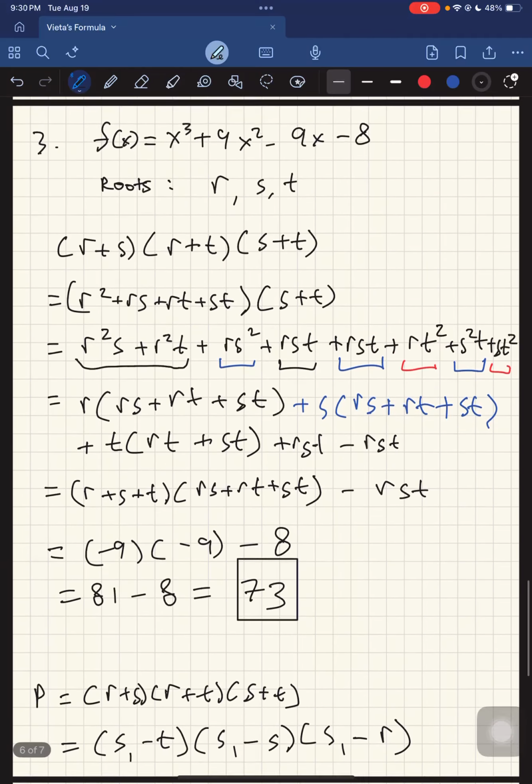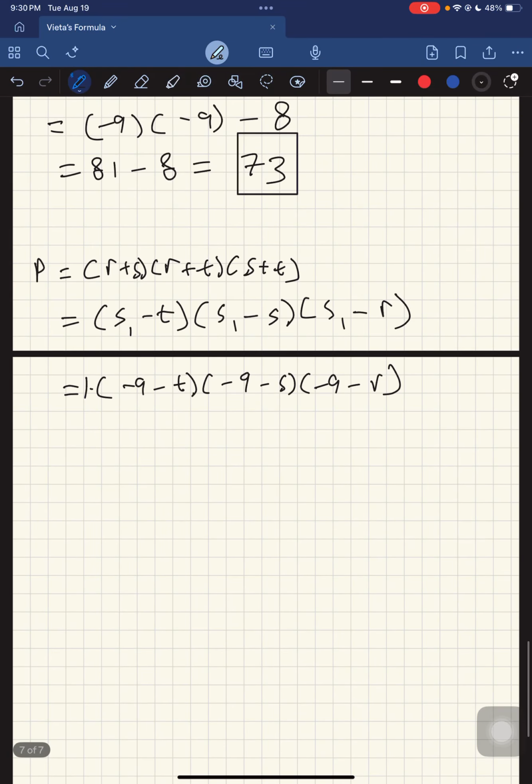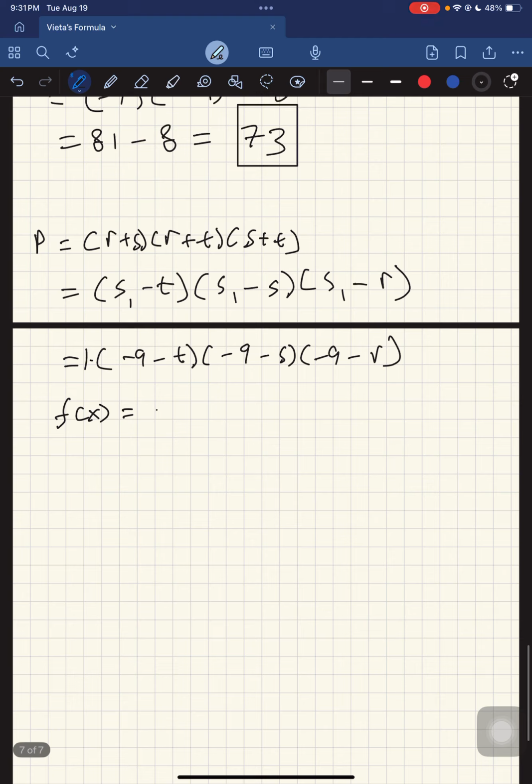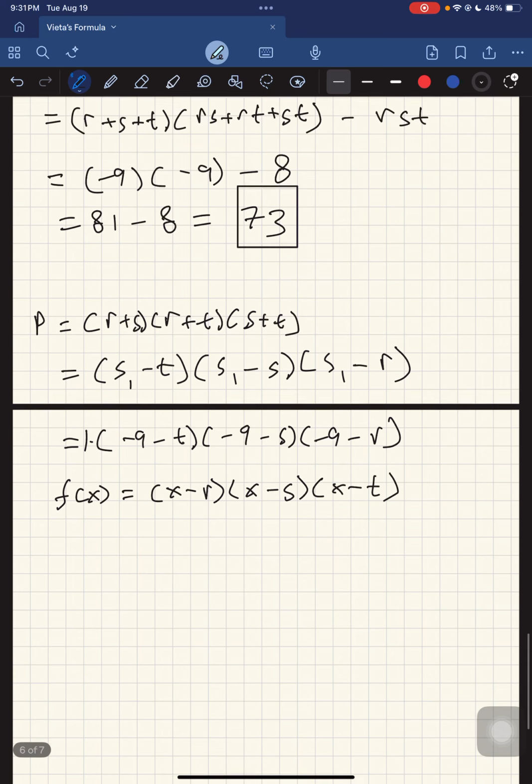So what do we notice here? This is very similar to the fundamental theorem of algebra, meaning that since the leading coefficient of x cubed here is 1, f of x is going to be equal to 1 times (x minus r) times (x minus s) times (x minus t).